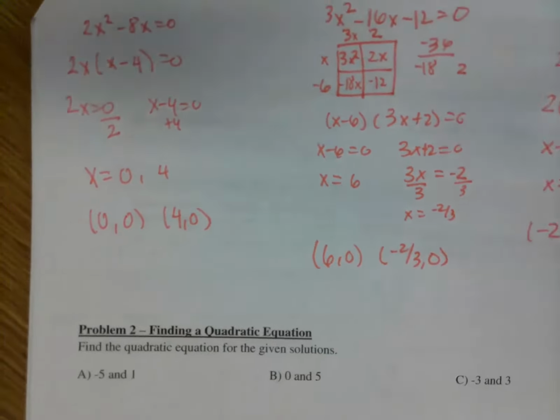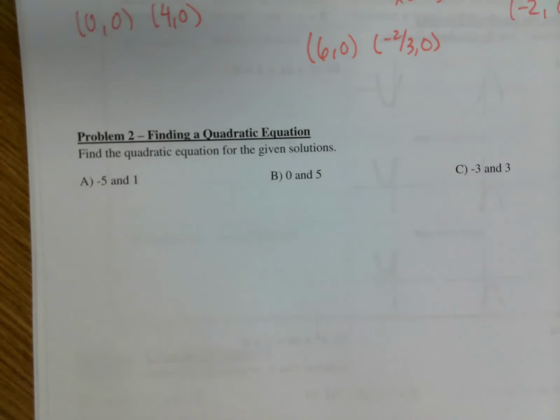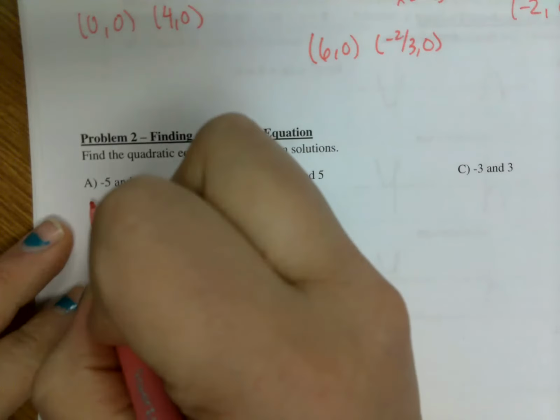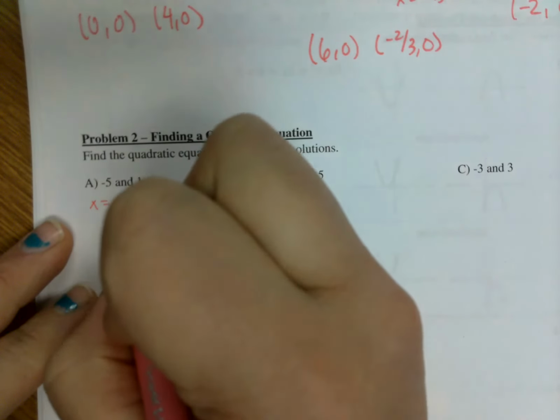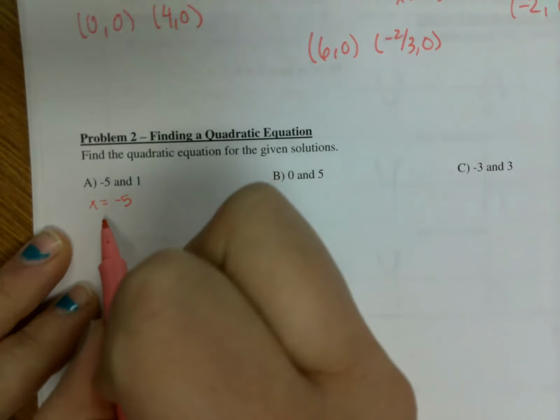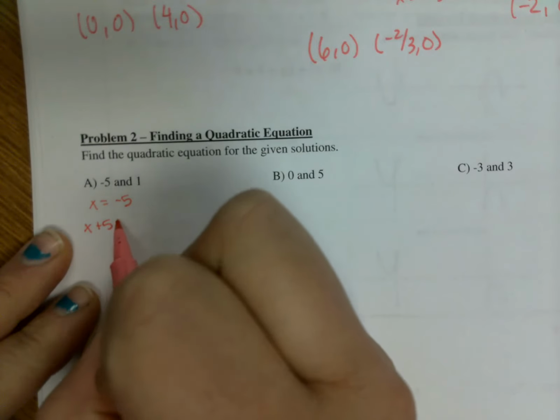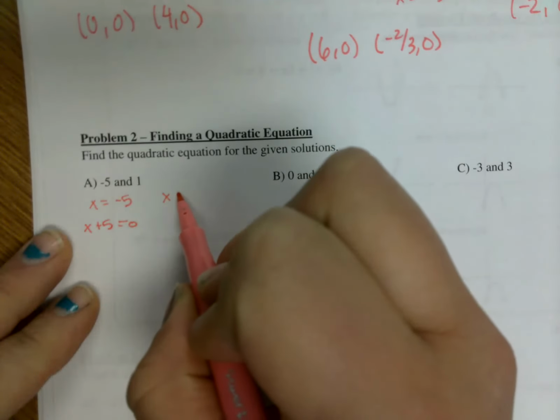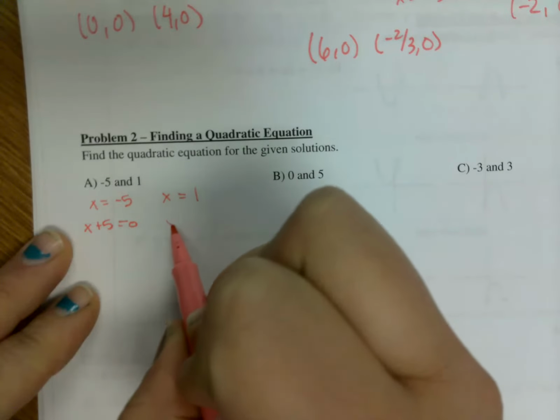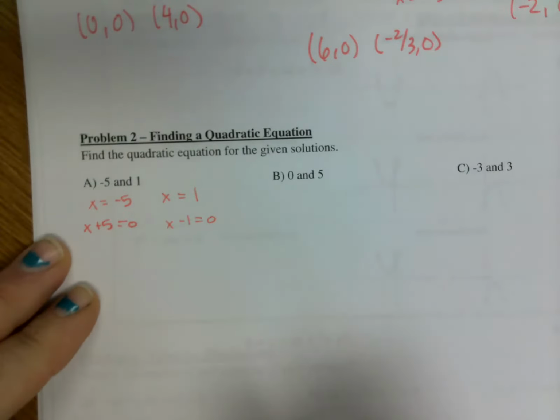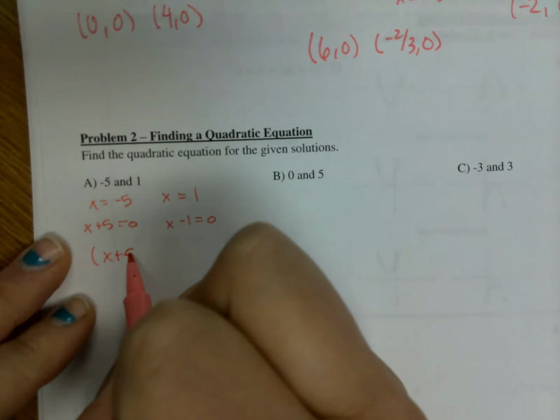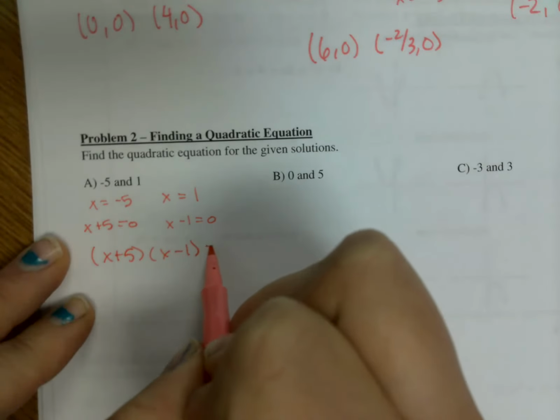So now what if I give you the solutions and you have to come up with the answer? Well, it's just basically working backwards. If I have that x is equal to -5, I first would set that equal to 0. So this would be x plus 5 equal to 0. Same thing here. If I have x is equal to 1, I can subtract the 1, set it equal to 0. Now I'm just working backwards from what I just did.